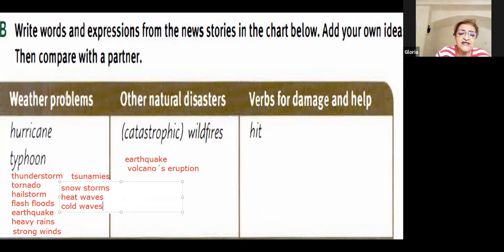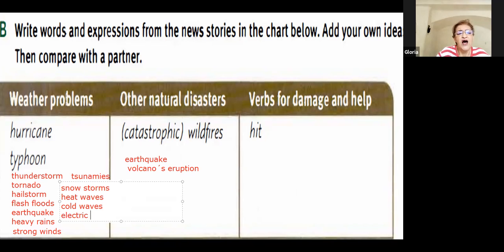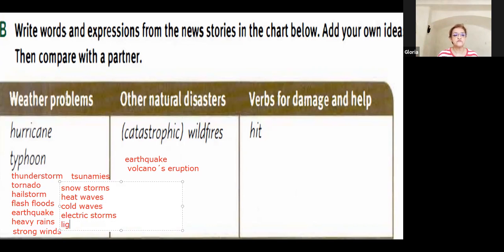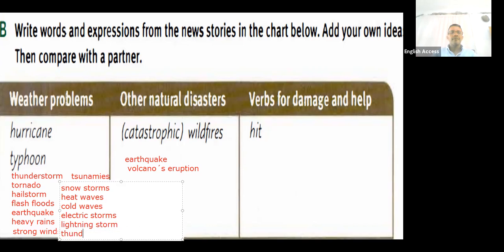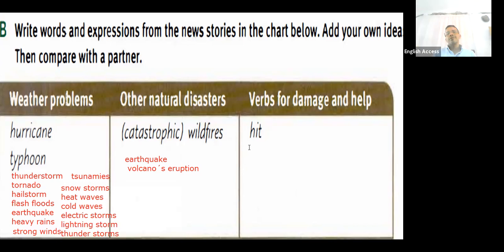Is cold wave correct? Electric storms. Tormentas eléctricas. Storms, yes. We have lightning storms too. We have thunder storms. Okay, what about the verbs we use?